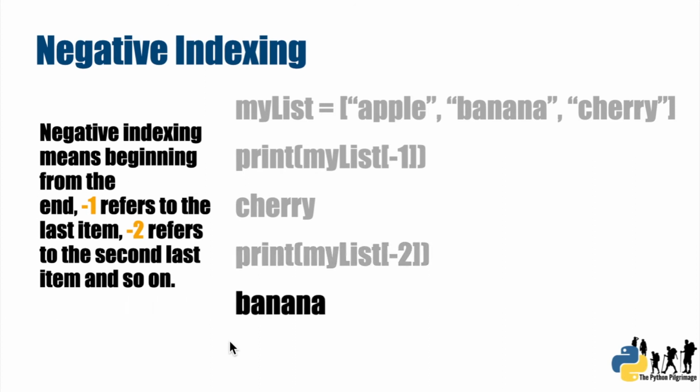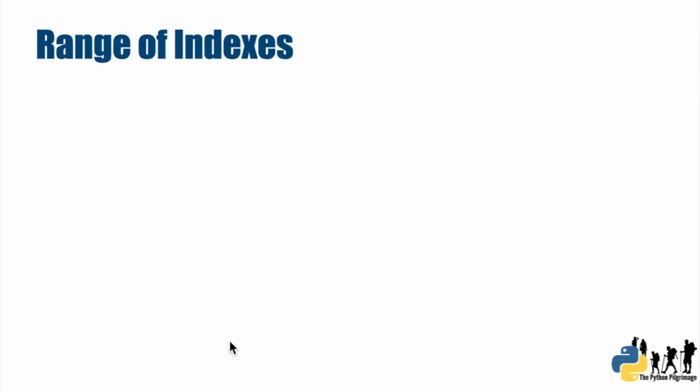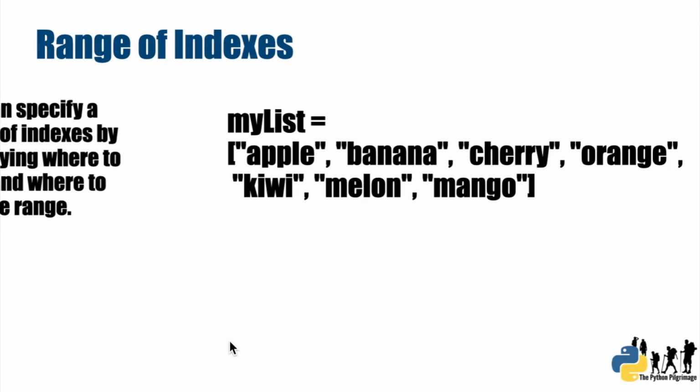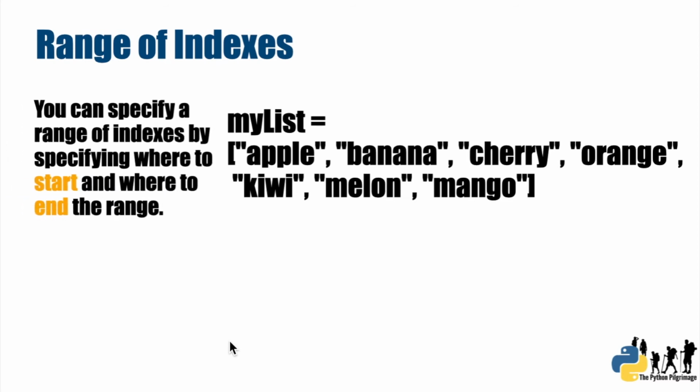Another way of accessing a list is through a range. There are a few ways that we can specify a range of indices. So we have this upgraded list so that it'll make more sense to specify a range of indices. You can specify a range by specifying the start and end.